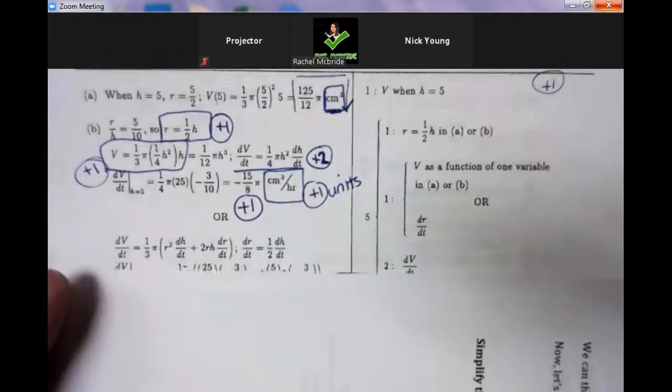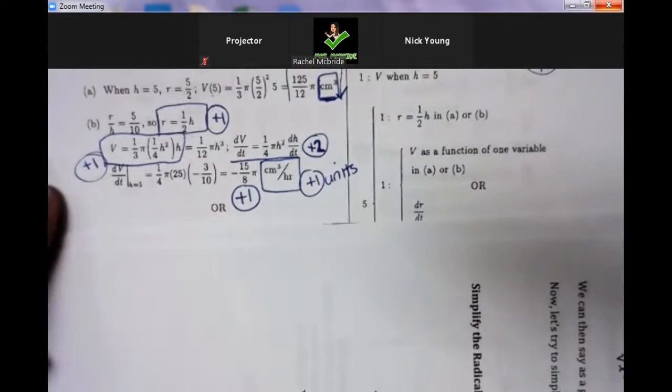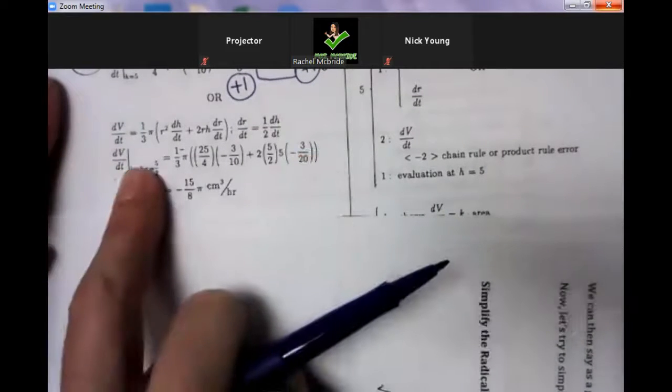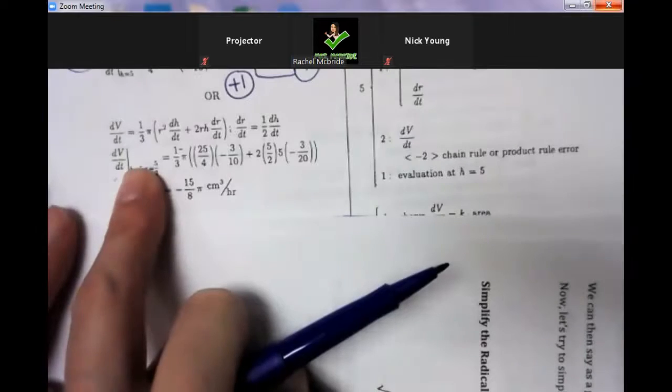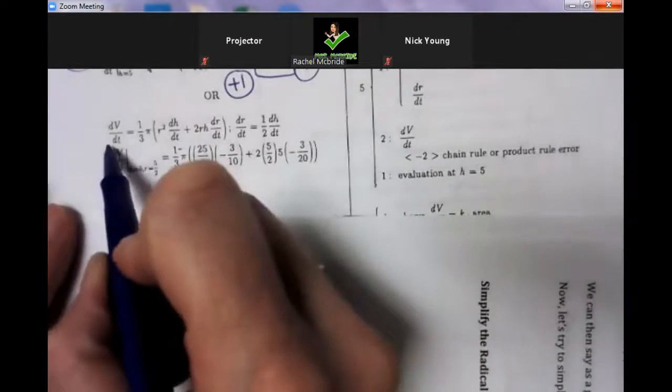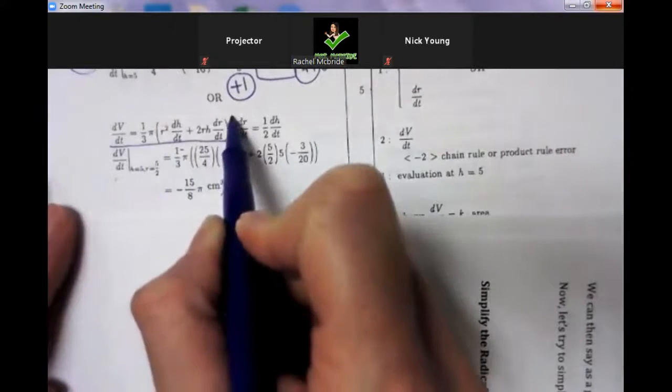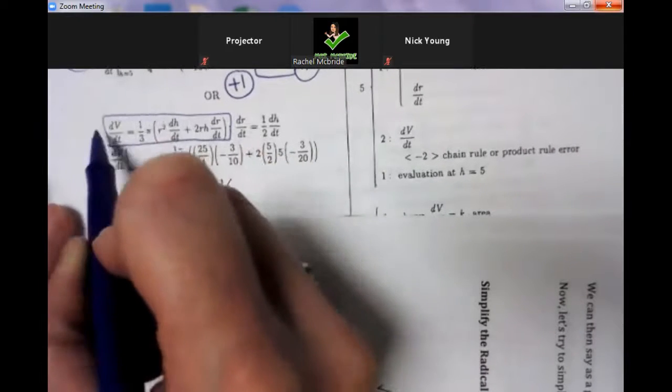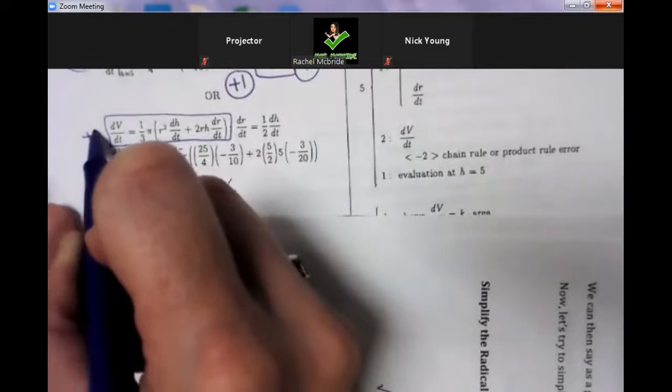Because if you did, I'll explain it, but if you did not, I'm just going to keep it hidden. I tried to do that, Ms. McBride. Okay. Like, Nick, this is what your area should look like. And then this part here earned you a point.